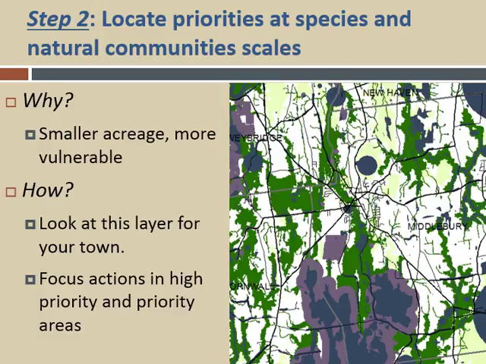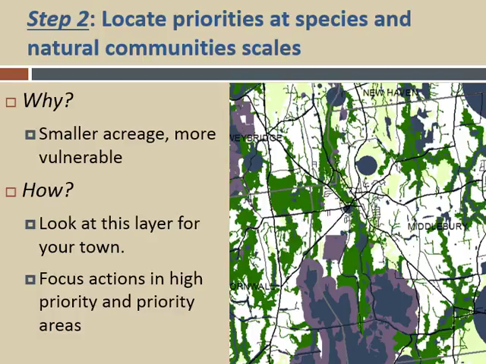Now, species and natural communities elements include things like wildlife road crossings, wetlands, mast stands. And these locations aren't any more or less important than the highest priority and priority layers in the dark green and light green, but they often encompass a much smaller amount of acreage, which means that they can be very vulnerable.